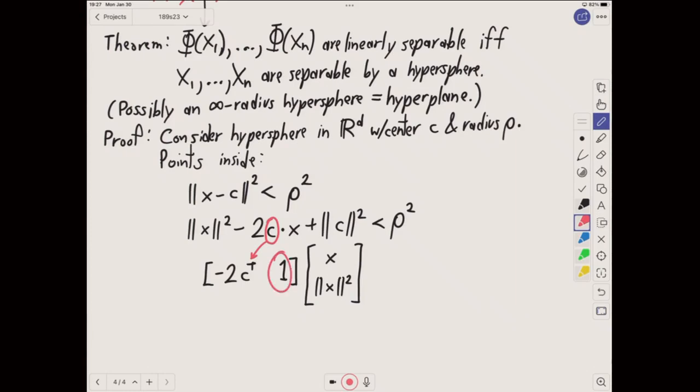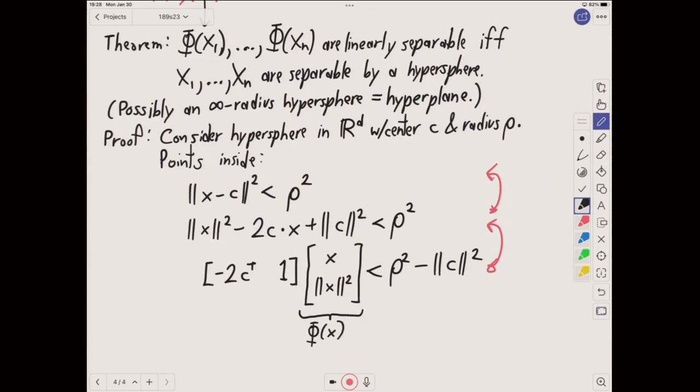And now we're adding one extra number to the end of that. Likewise, x is a column vector with a length of d, and we're adding one extra number to the end of that. And so the inequality above is equivalent to this inequality. So these are all equivalent. And it's important now to notice that this is the lifted vector, phi of x, that we're going to use to train the support vector machine.